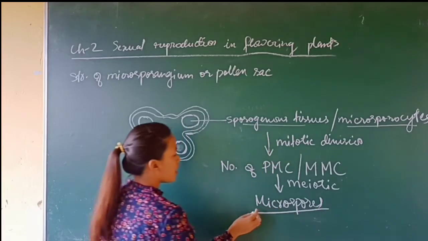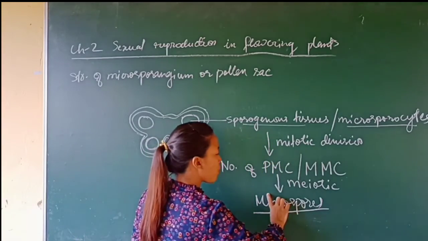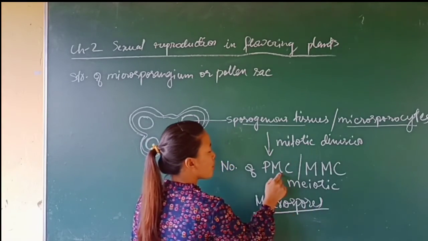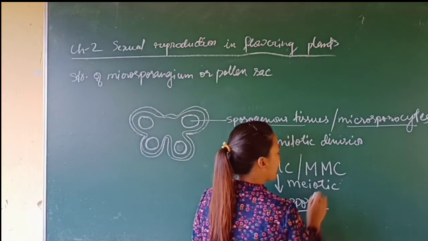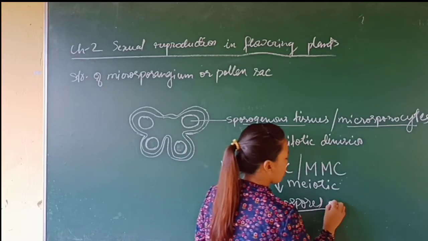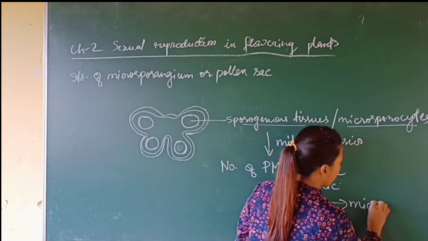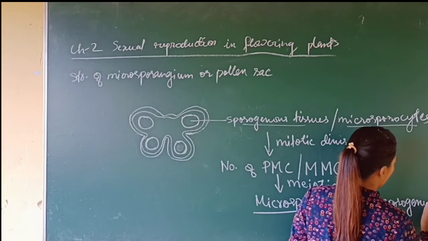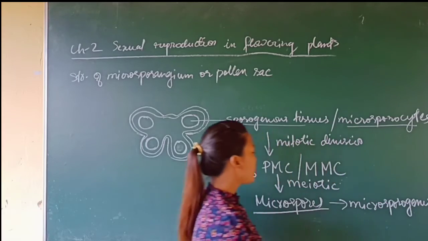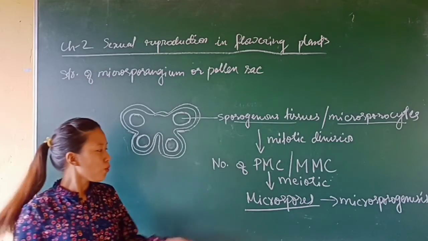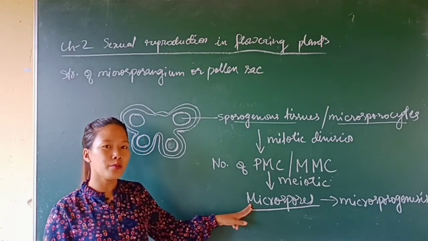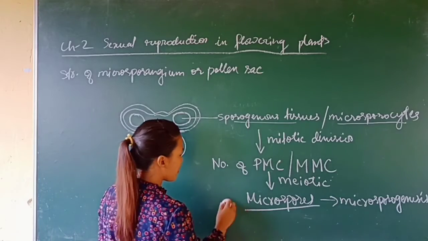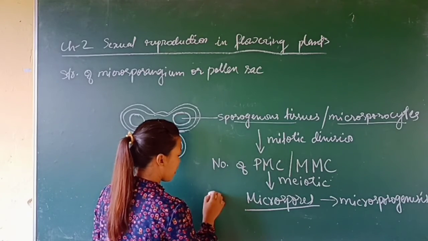The formation of microspores from pollen mother cells through meiotic division is called microsporogenesis. When the microspores are formed, they are present in a cluster of 4 cells, that is a microspore tetrad.